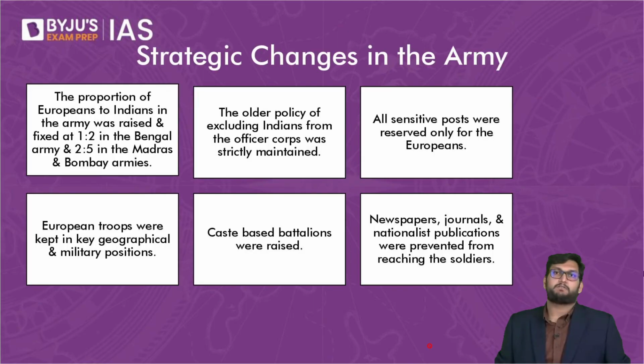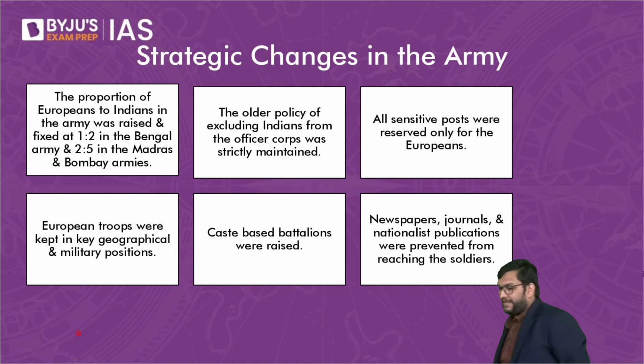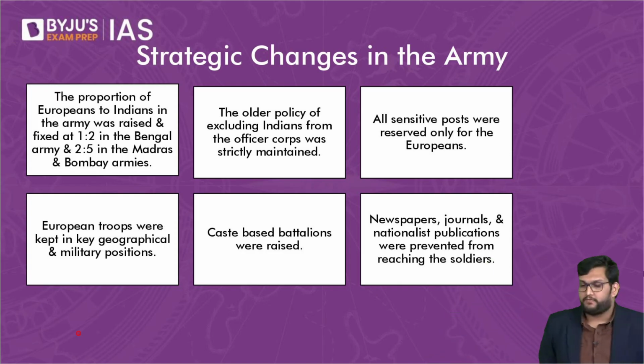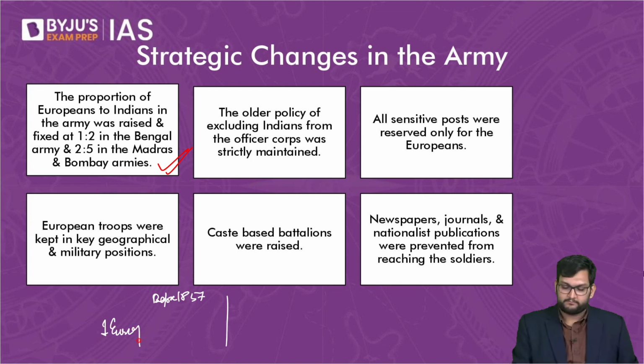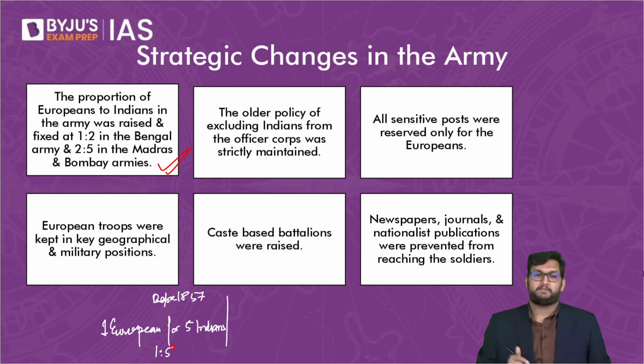There were other changes also. And the strategic changes which happened were actually in the army. The first change which they brought in was that they changed the ratio. Before 1857, there used to be 1 European for 5 Indians, which is 1:5, 1 European officer over 5 Indians.